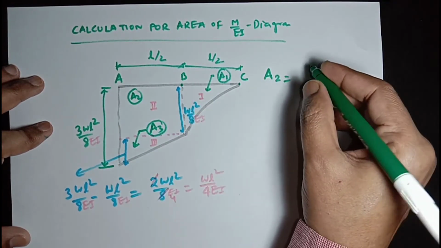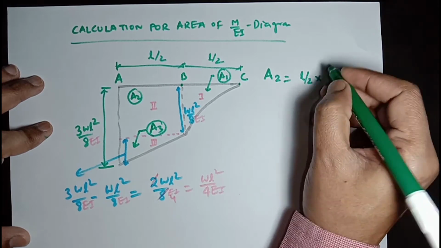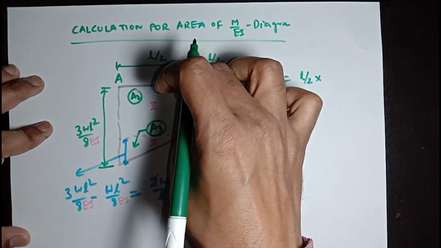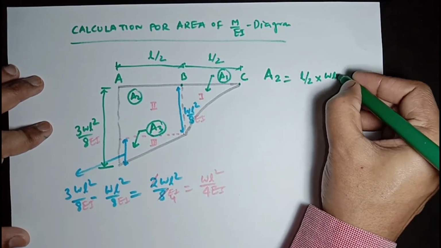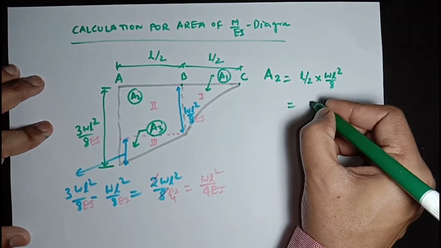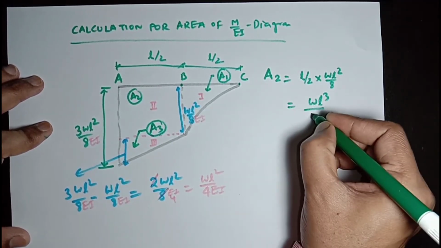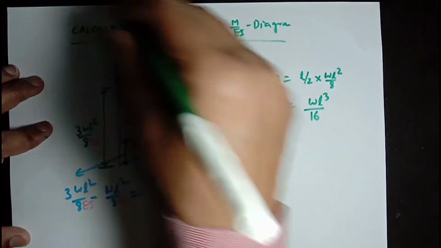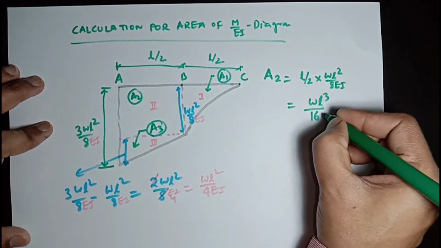A2 will be L by 2 multiplying with this WL square by 8 EI. It will be WL cube divided by 16 EI.